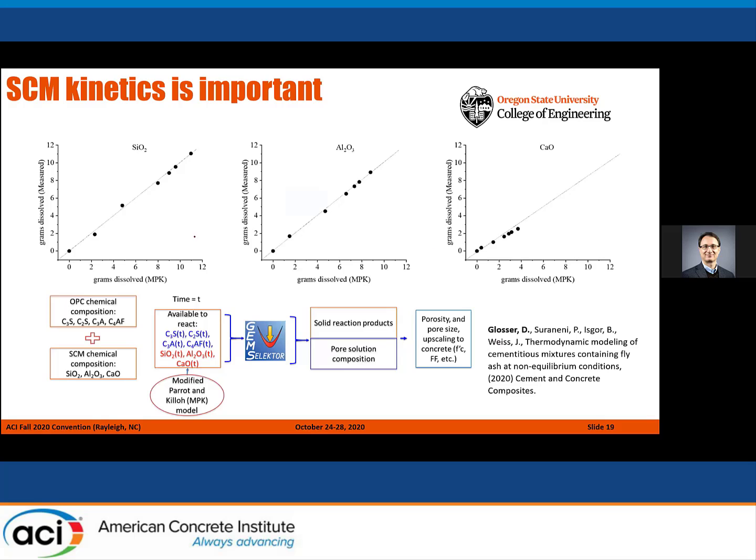And you can see that when we use this modified Parrot and Killoh model that was developed by our PhD student, Deb Glosser, who is an assistant professor right now at an institution in Washington, for different phases of SCMs, we can actually predict how much is going to react pretty nicely.